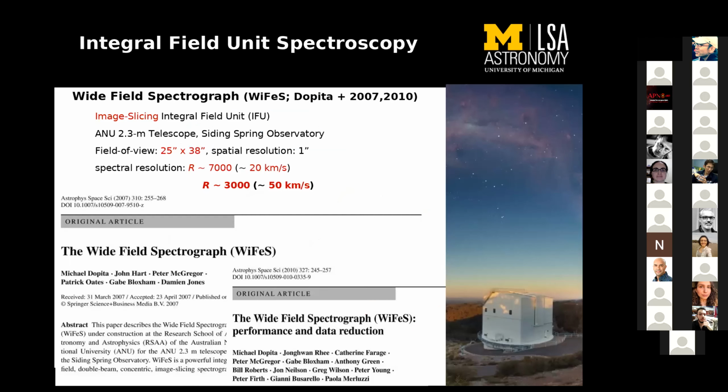For this study, I used the Wide Field Spectrograph on the Australian National University 2.3 meter telescope at Siding Spring Observatory. It has a field of view of 25 by 38 arcsec and different spectral resolutions. I use R of 7000, which gives a velocity resolution of 20 kilometers per second.